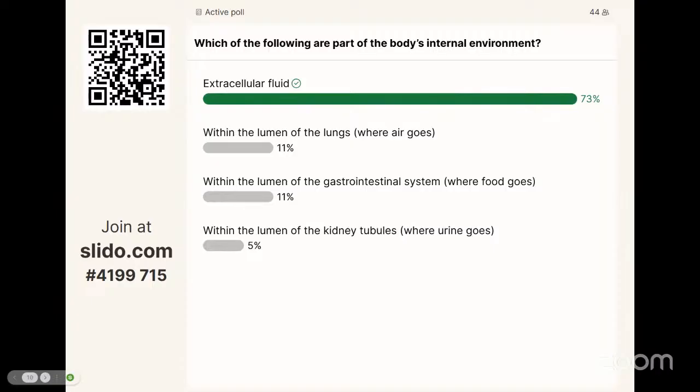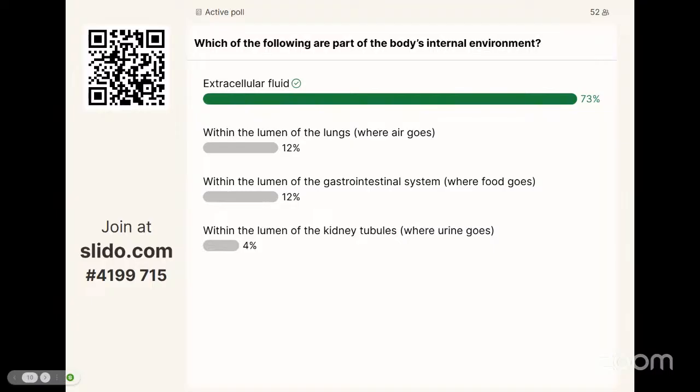Okay, great. Three of these answers were specific places inside the body that we made sure to point out were continuous with the external environment, so they don't count as internal. Air in the lungs, food in the GI tract, urine in the kidney are all continuous with the outside, so still external.